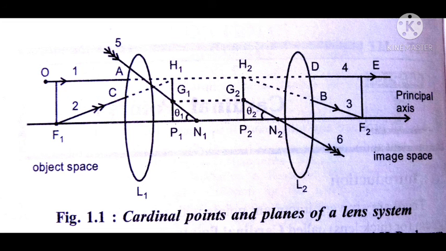If theta 1 and theta 2 are the angles made by incident and emergent rays with the axis respectively, then the angular magnification is given by M equal to tan theta 1 divided by tan theta 2, as tan theta 1 is equal to tan theta 2. Therefore, the angular magnification is unity, that means 1. Thus, nodal points N1 and N2 are a conjugate pair of points on the axis having unit angular magnification.